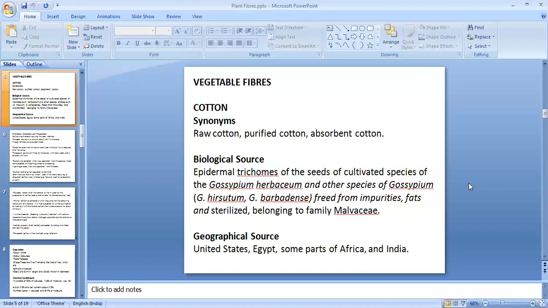I'll repeat the biological source. It consists of the epidermal trichomes of the seeds of cultivated species of Gossypium species, that is Gossypium herbaceum, Gossypium hirsutum, Gossypium barbadense, belonging to the family Malvaceae.